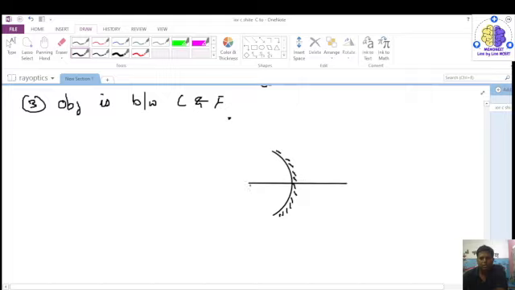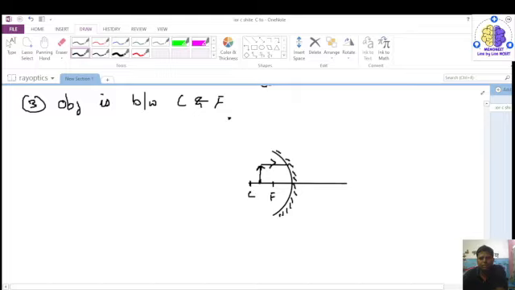If this is the center of curvature, this would be the focus, and this would be the object. Now, if this is the object, let's take the first ray, the ray which is traveling parallel to the principal axis, right?